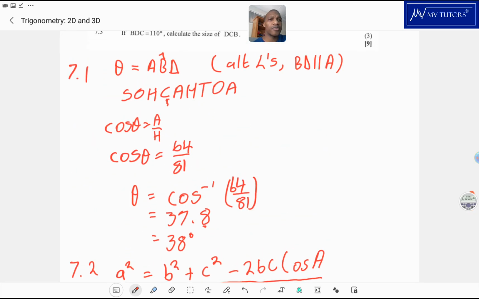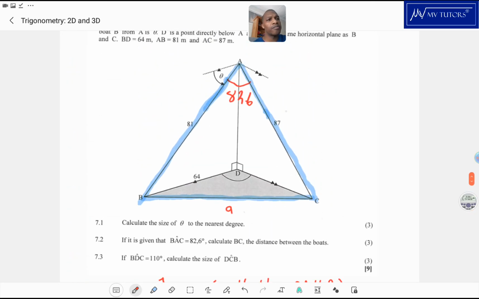Now we can start putting in the actual numbers. What is represented by B? That's gonna be B, and that's gonna be C because it's opposite.